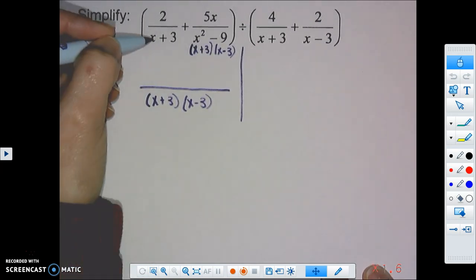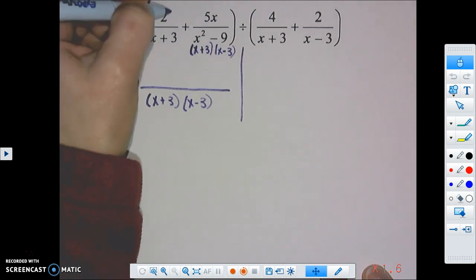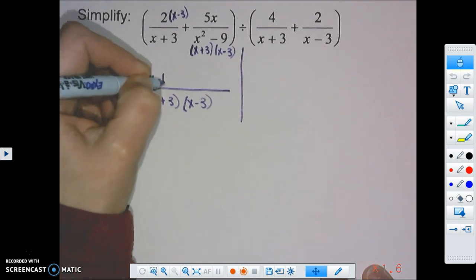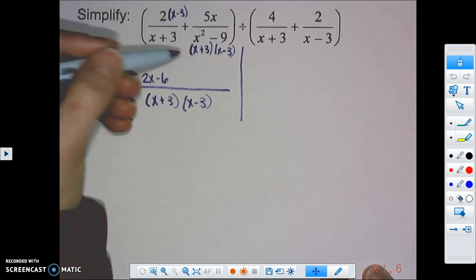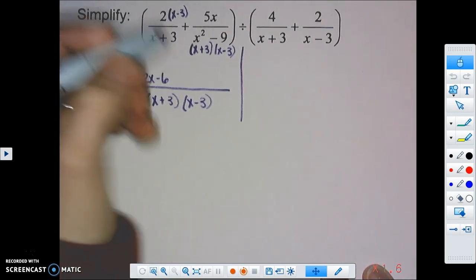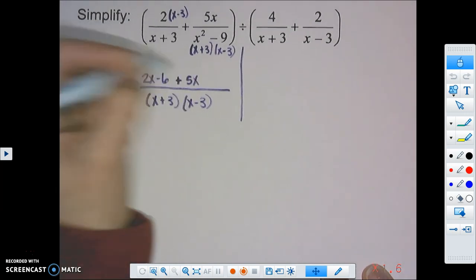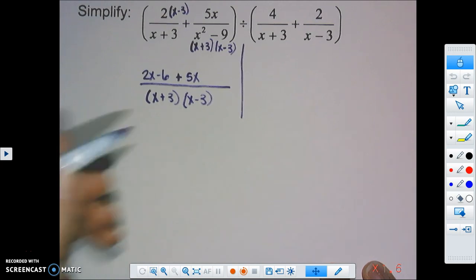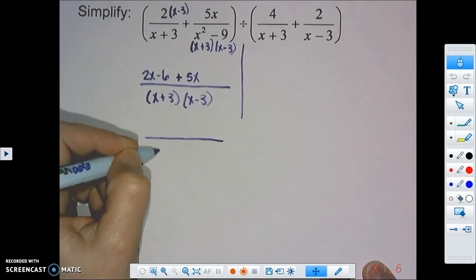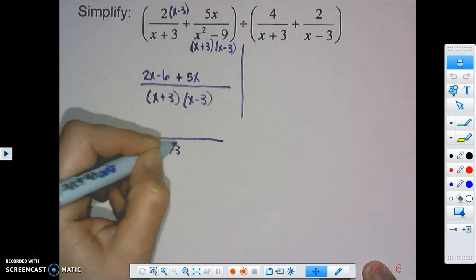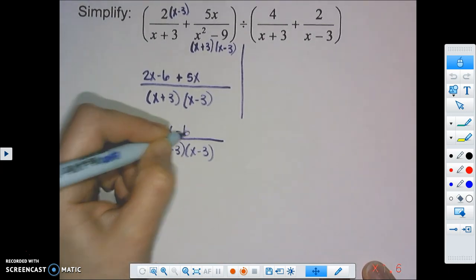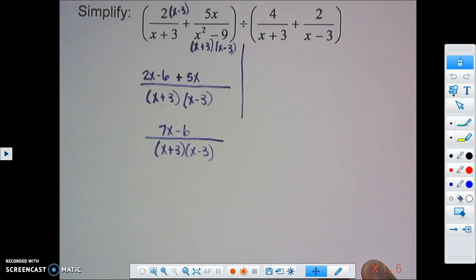Now, the first fraction has the x plus 3, so it's missing the x minus 3. Distributing that in, we get 2x minus 6. The second fraction has both pieces of the common denominator, so we just need to carry along that 5x. Combining like terms in the numerator, we end up with 7x minus 6.